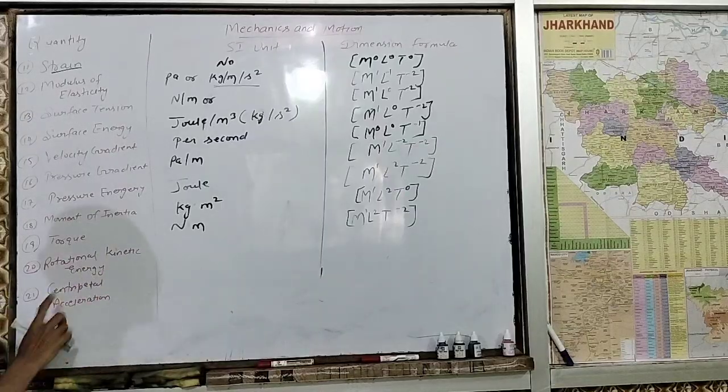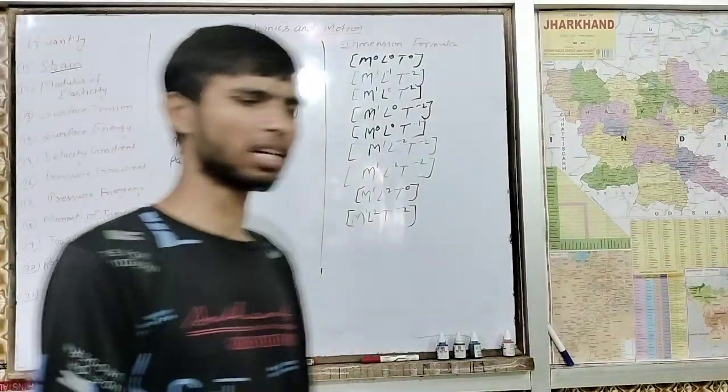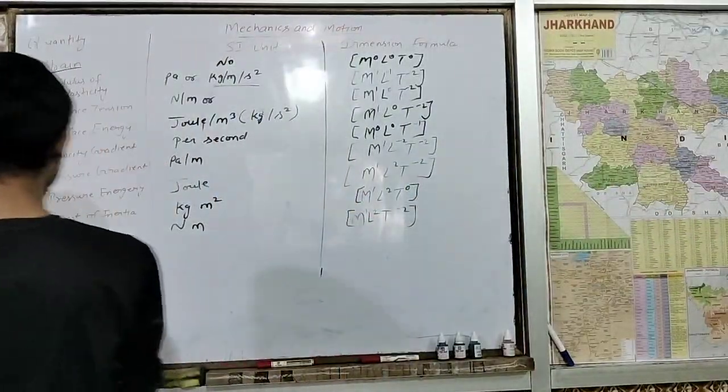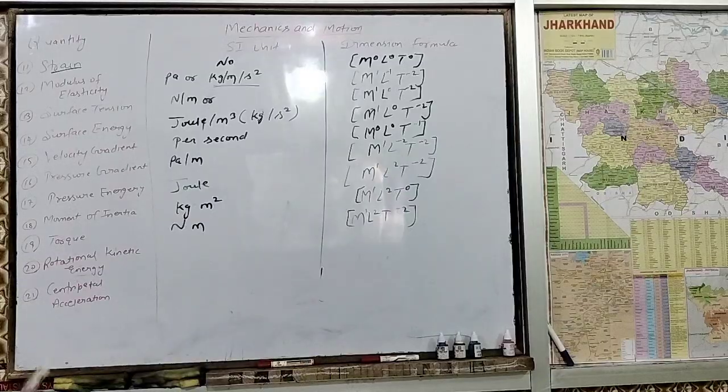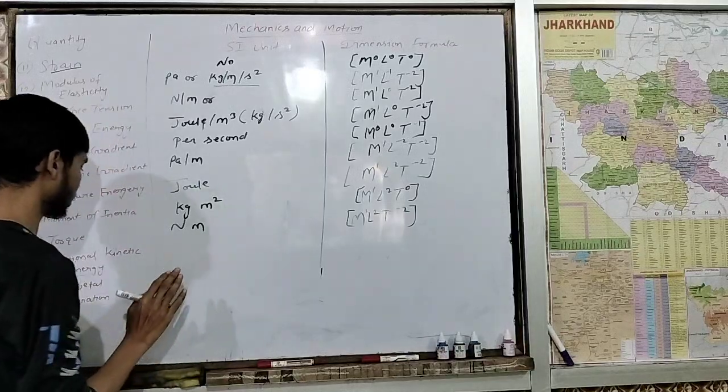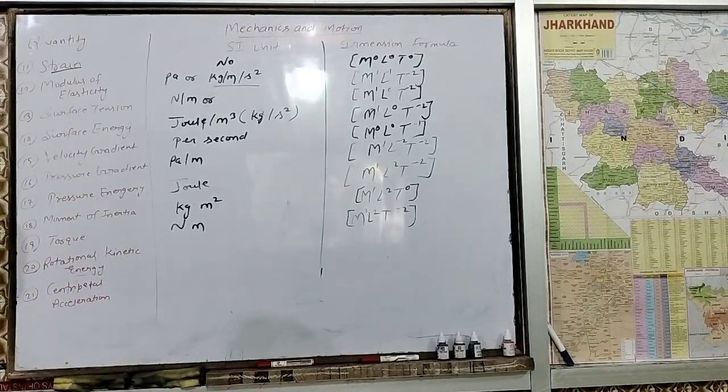Next we have rotational kinetic energy. Here energy is coming. Will the SI unit be joule for this? Kinetic energy. Yes, you are correct. Anywhere energy comes, remember, joule will be the unit for that quantity.